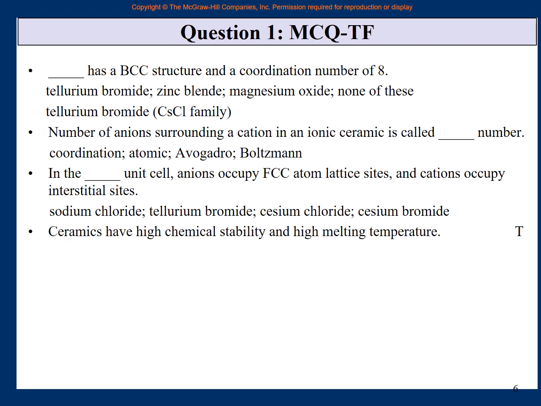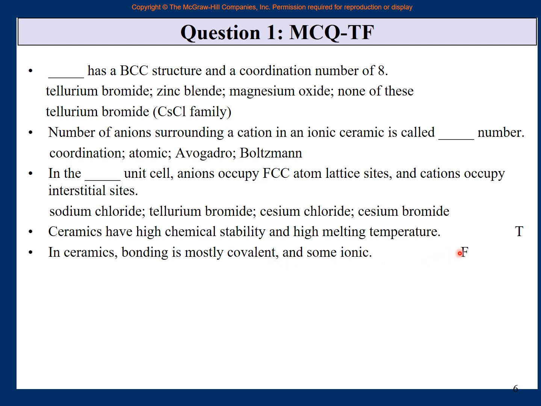Next one, ceramics have high chemical stability and high melting temperature. This is of course true, right? If anybody writes false here, then I am really surprised. In ceramics, bonding is mostly covalent and some ionic, right?